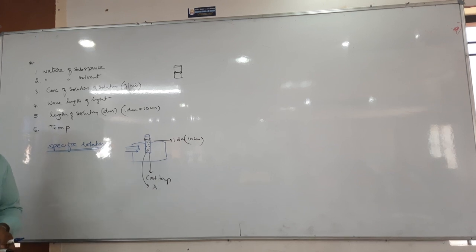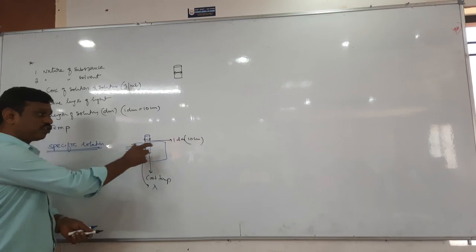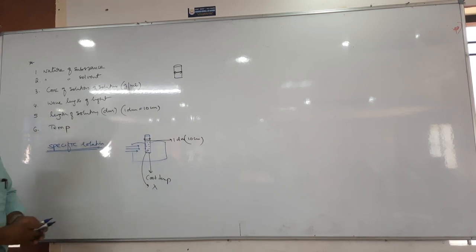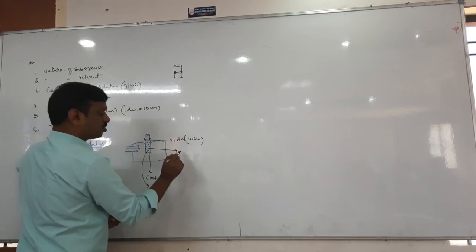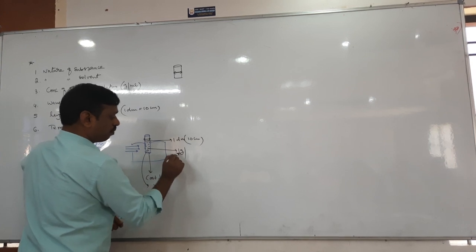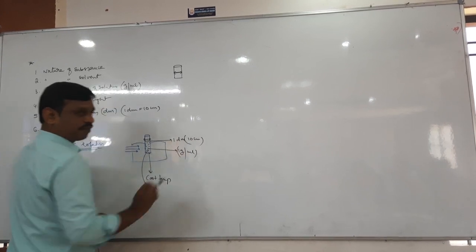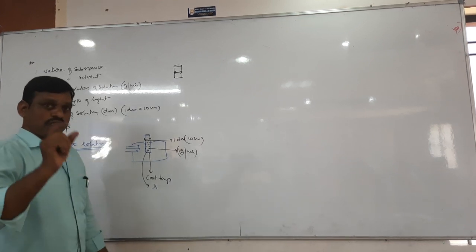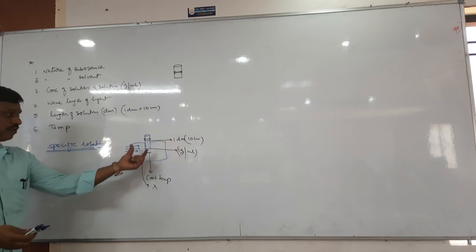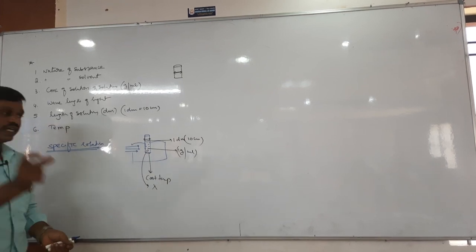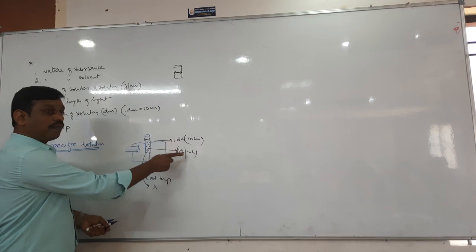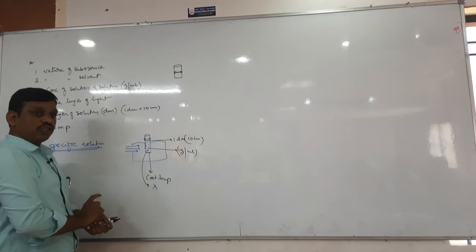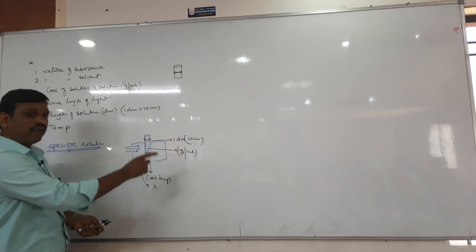To measure the rotation we take the length of the test tube, nothing but the length of the solution, 1 decimeter, 10 centimeter, and the concentration also constant, 1 gram per milliliter. Therefore now you can define specific rotation. The rotation produced by the solution containing 1 gram per ml concentration, 1 decimeter length of the solution at given wavelength and given temperature.